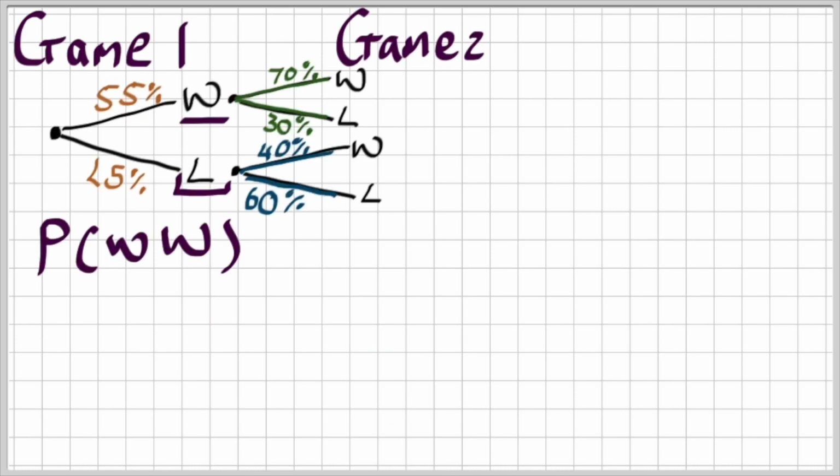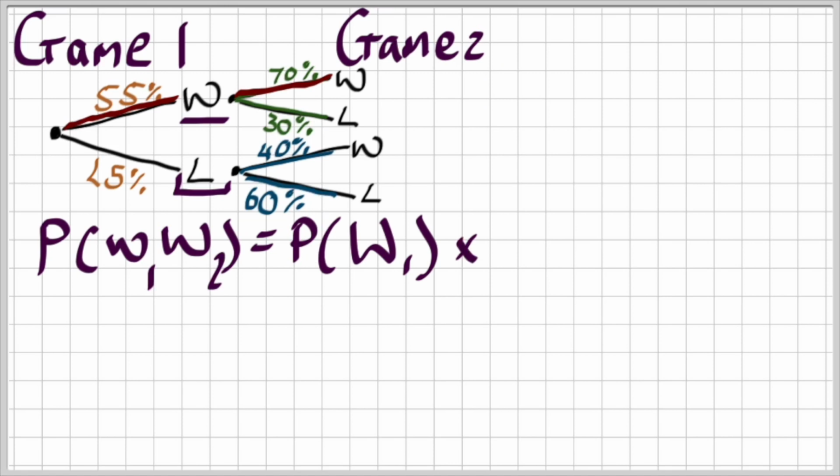The first question is, what is the probability that she wins both matches? So win 1 and win 2. If she wins the first one, there's a probability of winning the first one multiplied by the probability of winning the second one.